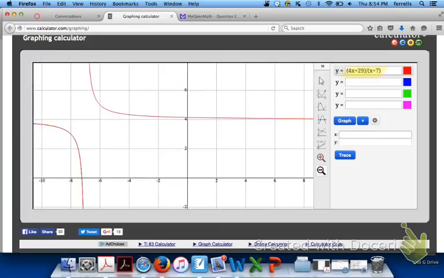that based on the values we found, there was an undefined value at negative 7. So here's my vertical asymptote. And there was a 0 right here at negative 29 fourths. Okay. So, up until that negative 29 fourths, my graph is positive.